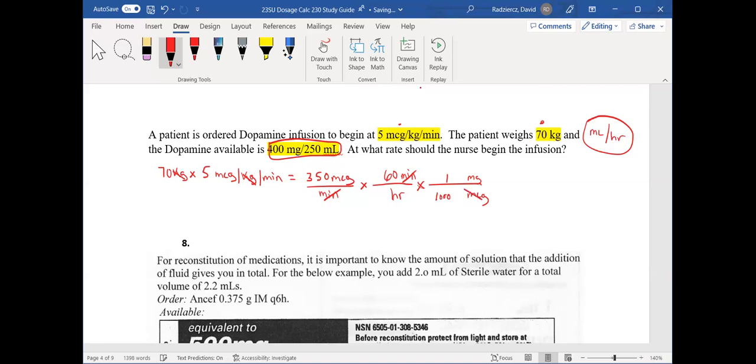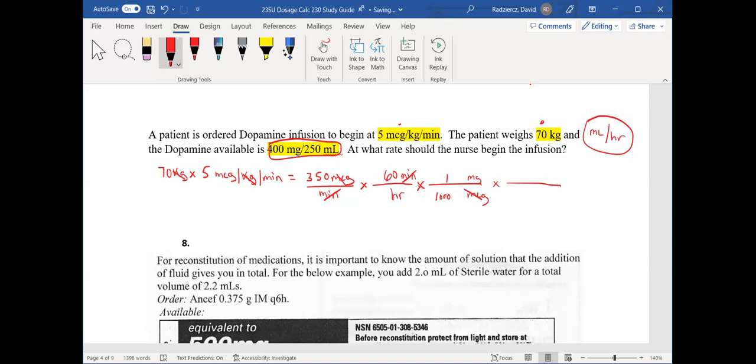What I'm doing here is setting this up so that I'm in milligrams per hour as opposed to micrograms per minute. Once I'm in milligrams per hour, now I can account for my milliliters. Remember, we know we're looking for milliliters per hour.